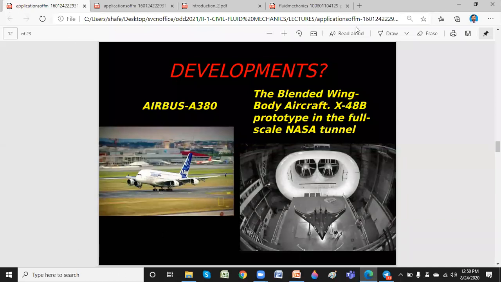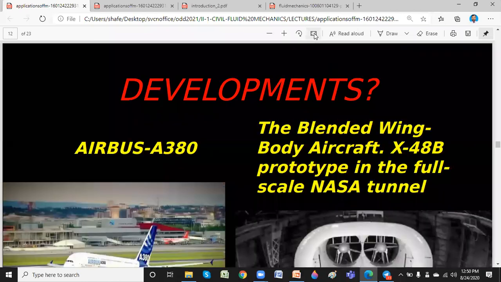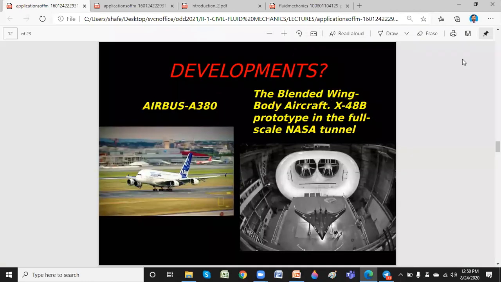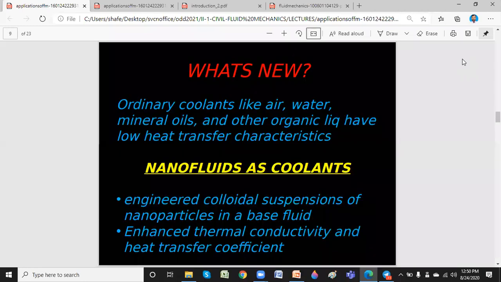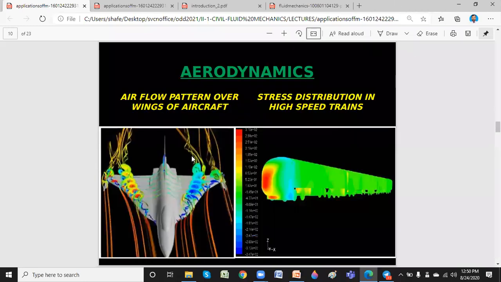Now just see here, these are some more examples of fluid mechanics. So, aerodynamics. You might have studied the airplane moving in the air, which is nothing but aerodynamics. So this again comes under fluid mechanics.